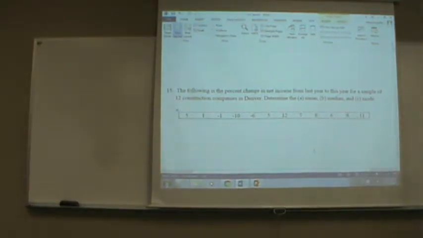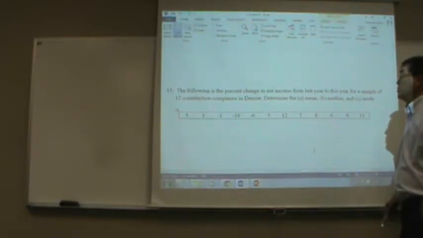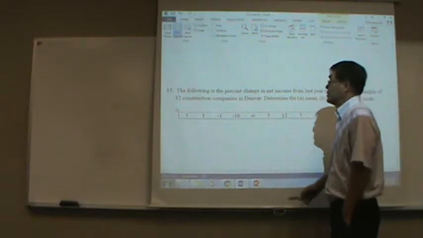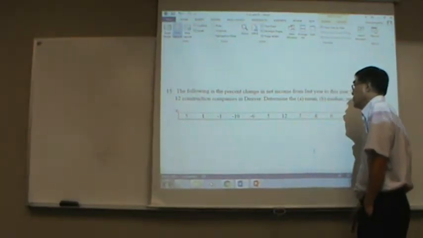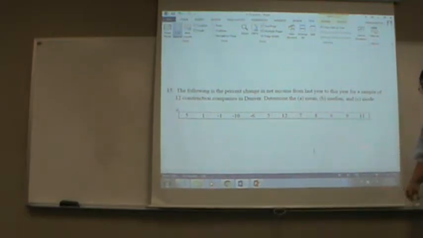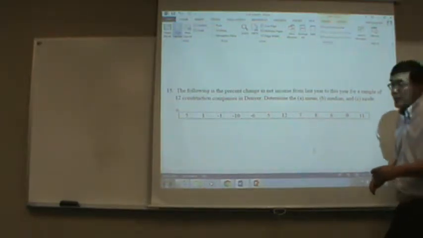The following is the percent change in net income from last year to this year for a sample of 12 construction companies in Denver. Determine the mean, median, and mode.